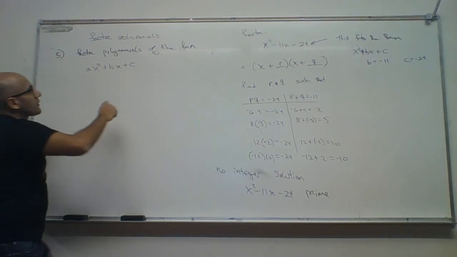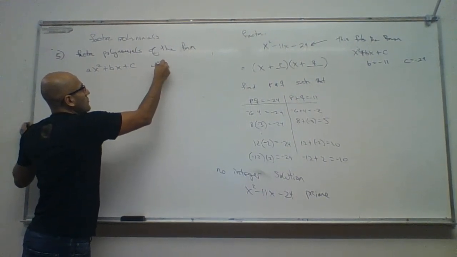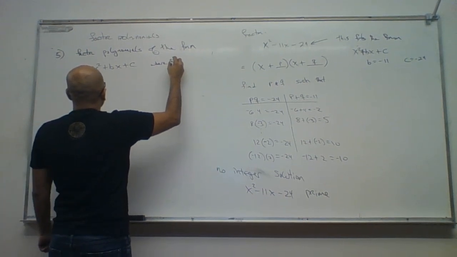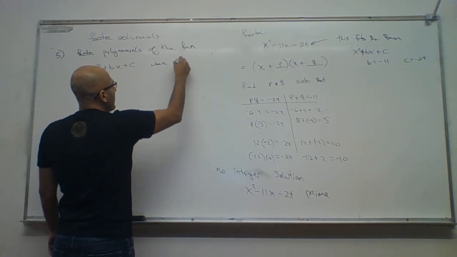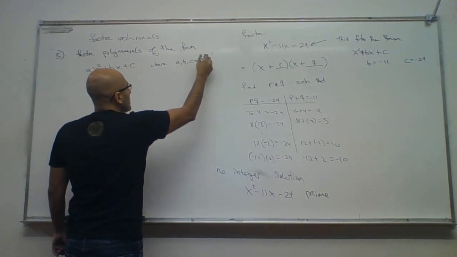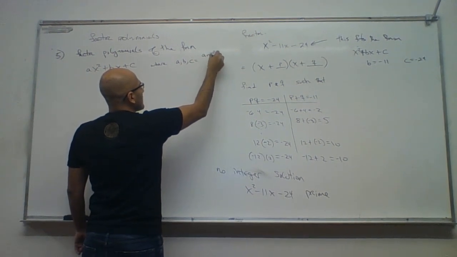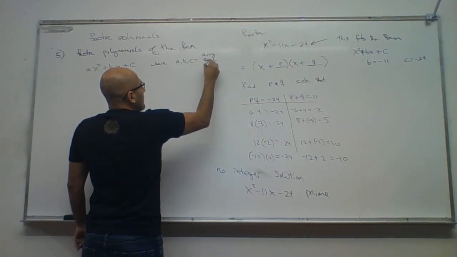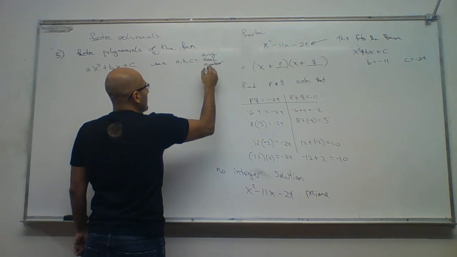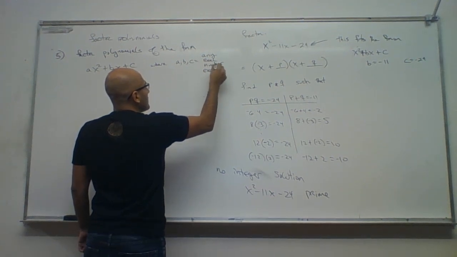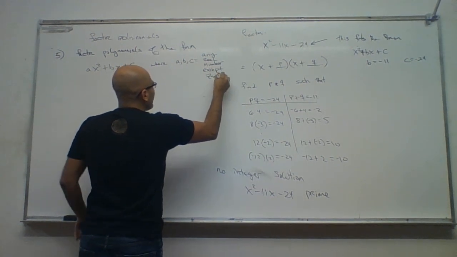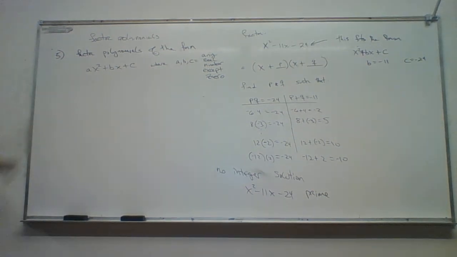A is some number out there, where a, b, and c equal any real numbers except 0. And again, that's just because it would make it too easy. If they were all 0, the answer is 0 and doesn't factor.